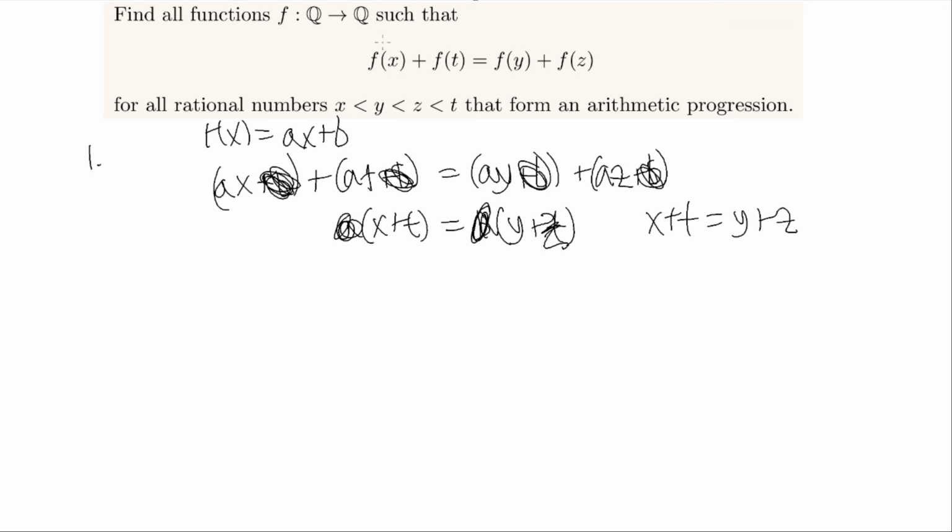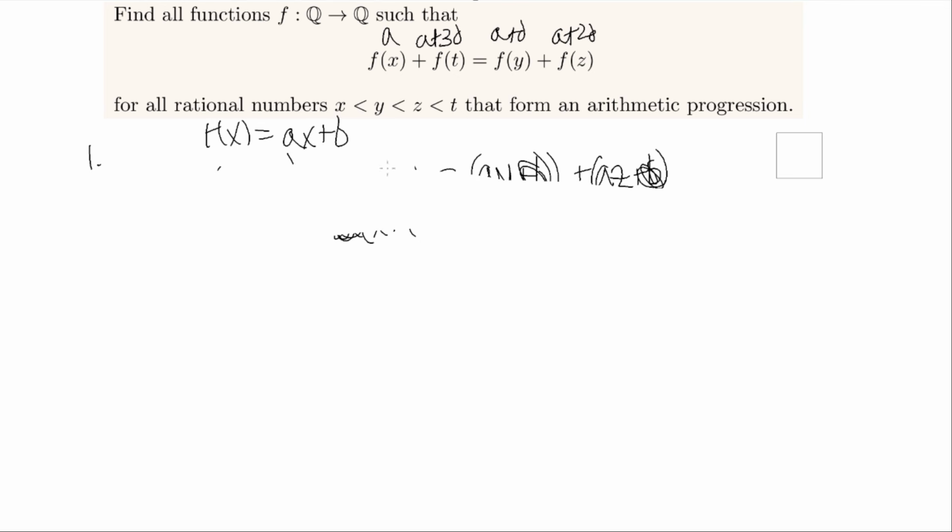Well, we could set these to be a, a plus d, where d is our common difference, a plus 2d, and a plus 3d. And because a plus 3d is a plus d plus a plus 2d, this condition holds.